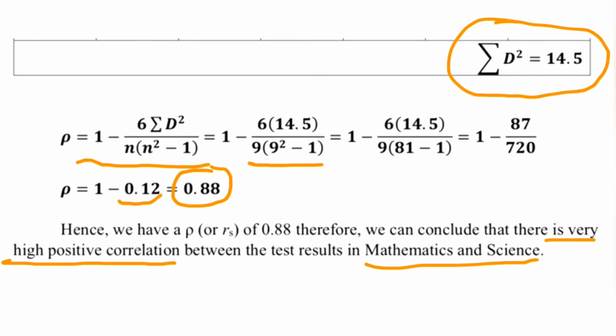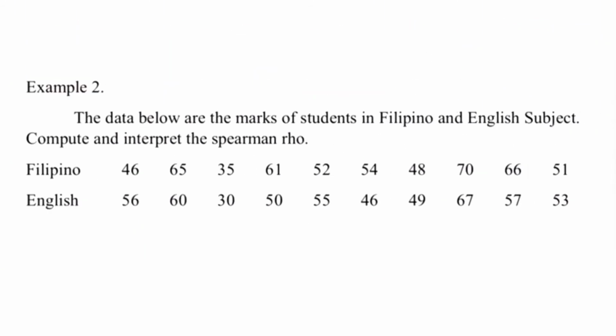So, that is how to compute the Spearman Rho or the Spearman rank correlation. So, let's have another example. In example 1, there was a tie in the ranks. What if there are no ties? Let us have example number 2. The data below are the marks of students in Filipino and English.